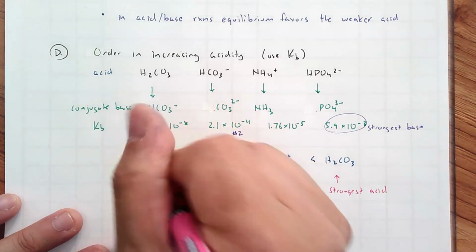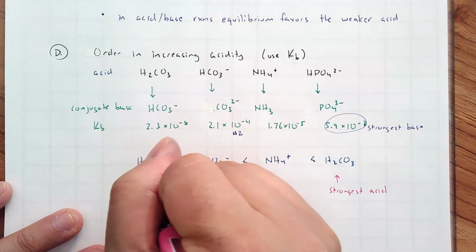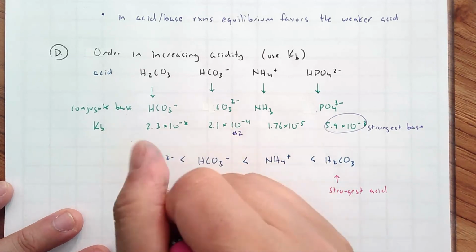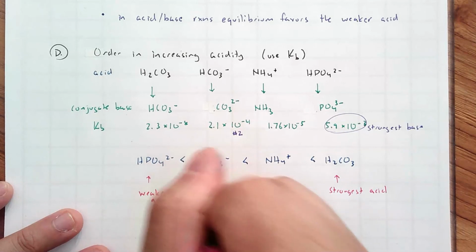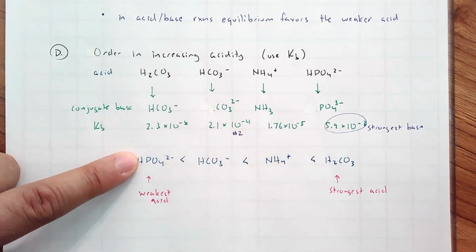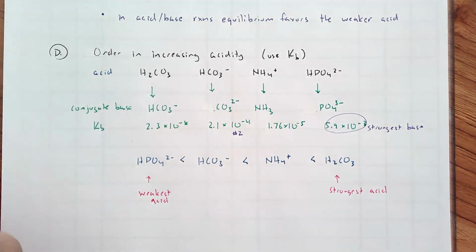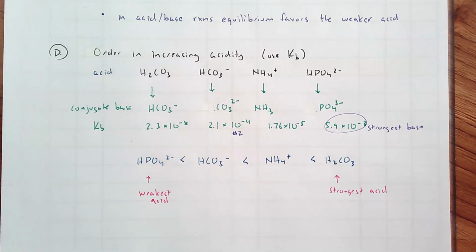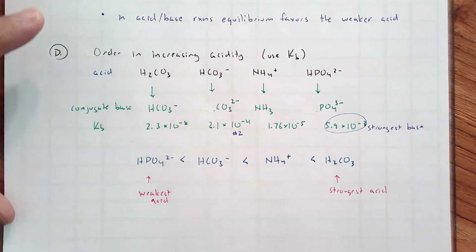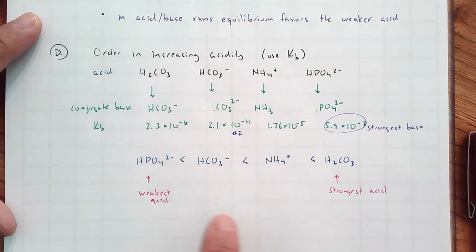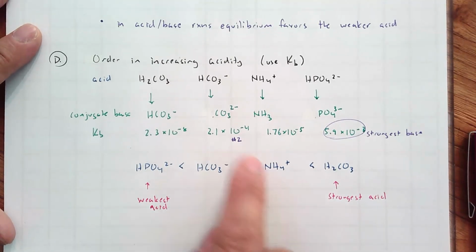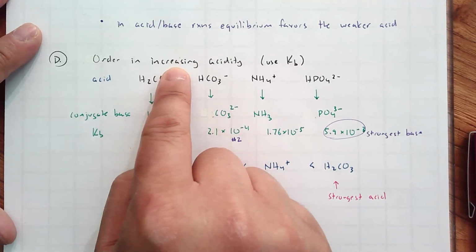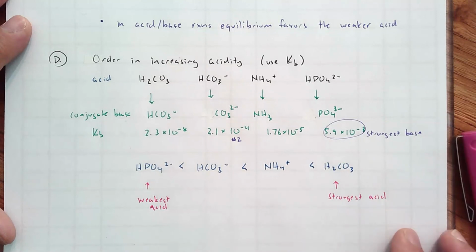And this one is the weakest. It really doesn't want to lose another proton to become 3 minus. In most cases, the more charge you put on a molecule, the more unstable it becomes. Alright, that's the order from weakest to strongest, and we are following the directions. Order in increasing acidity.